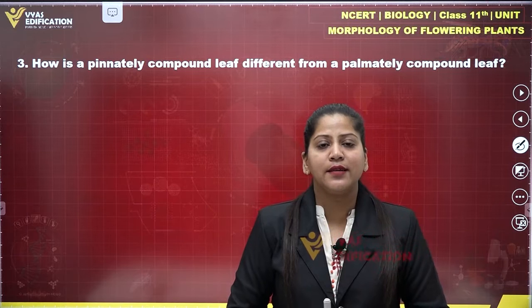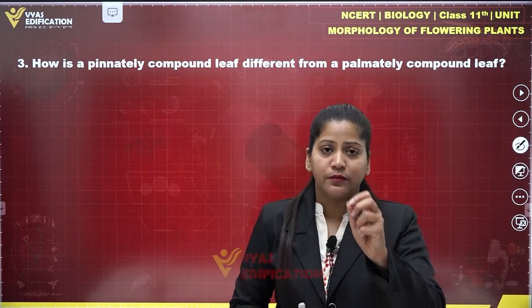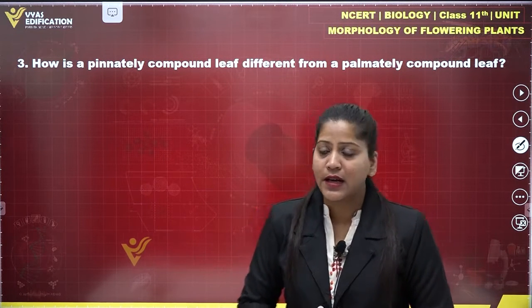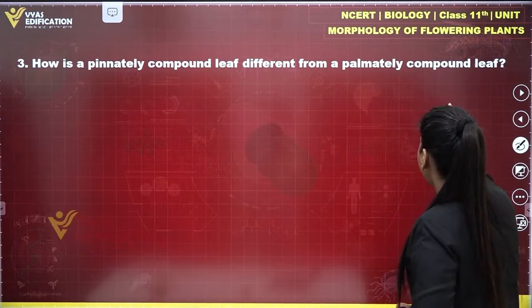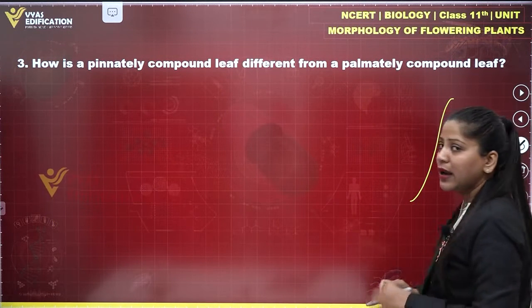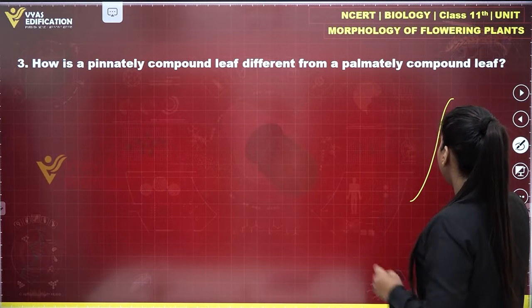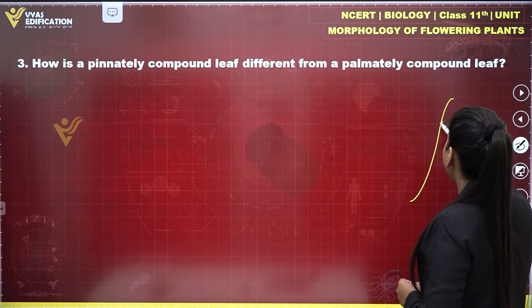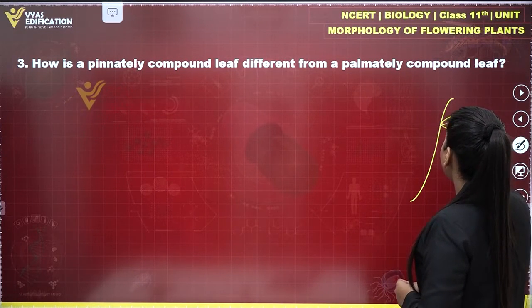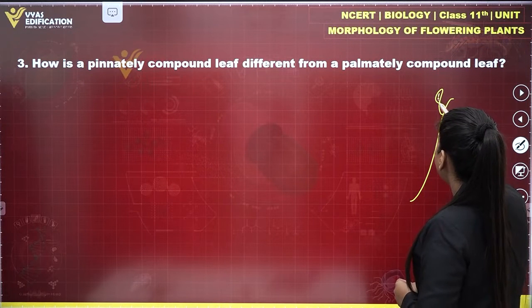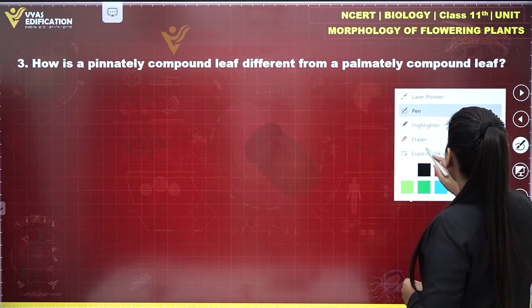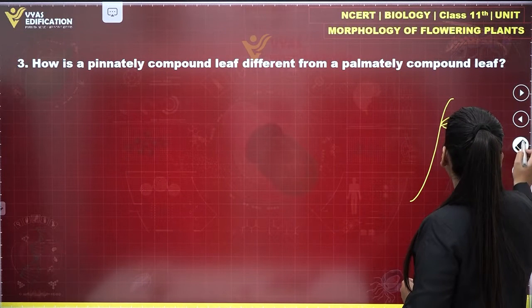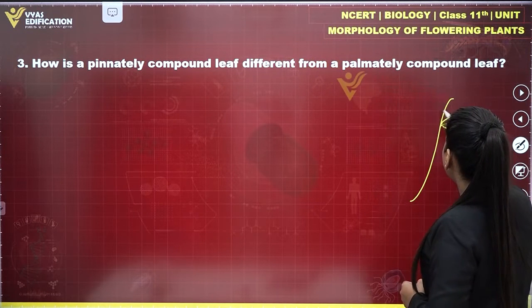In neem, you can see the arrangement of leaves is found in such a manner. This is a leaf axis on which the leaves are attached. This is a common axis on which the leaves are attached like this.